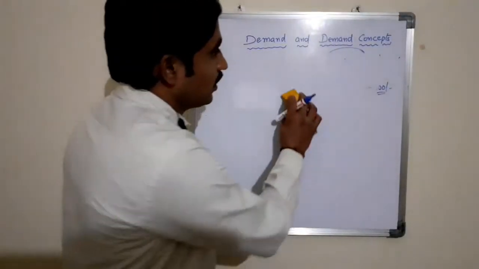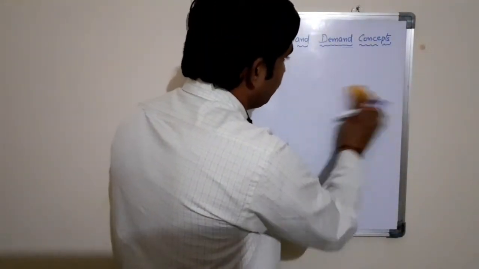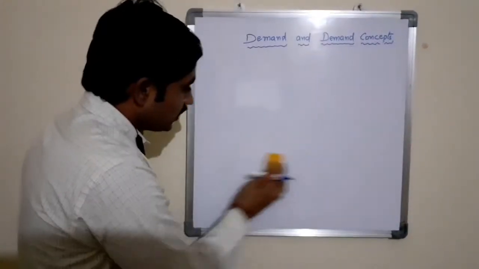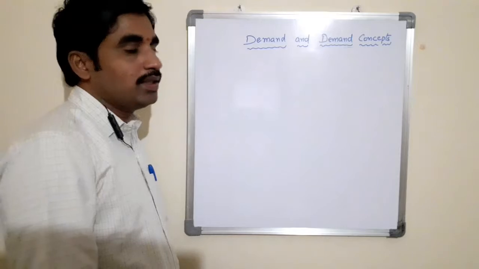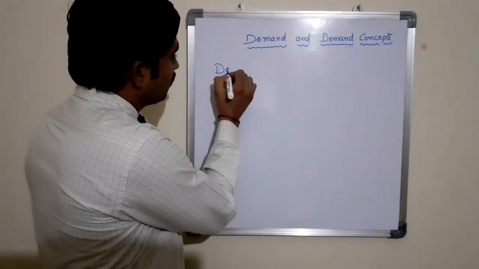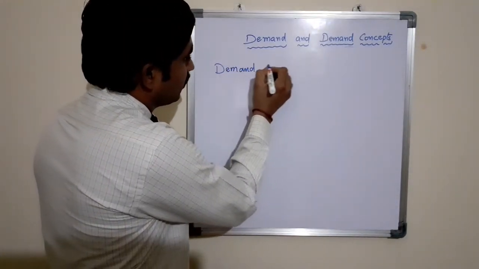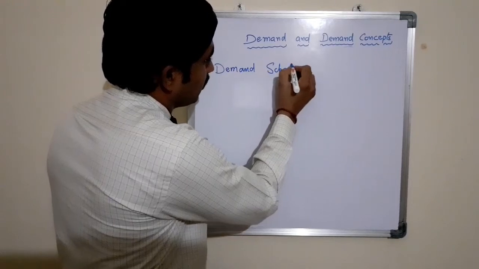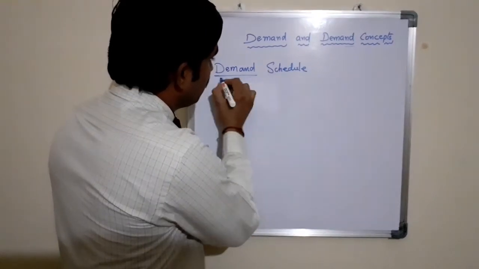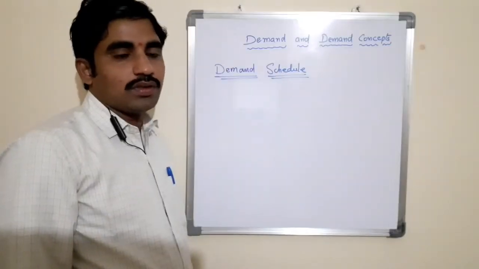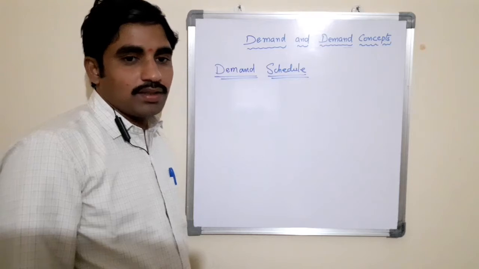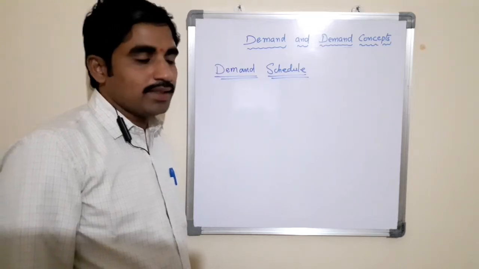In economics, the demand schedule is a tabular format which reveals the quantity demanded of a product at different prices.